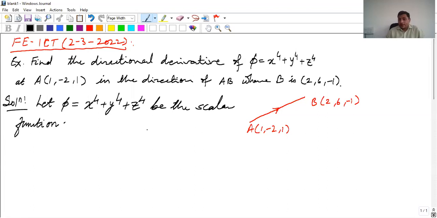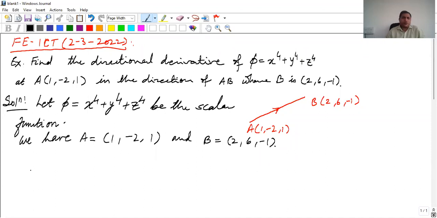Now we have to consider this at point A. So we have A is equal to (1, -2, 1), and the point B is equal to (2, 6, -1). So we consider a bar is equal to AB.